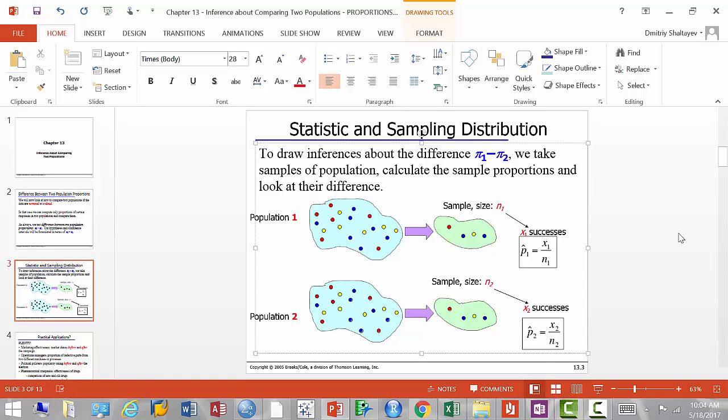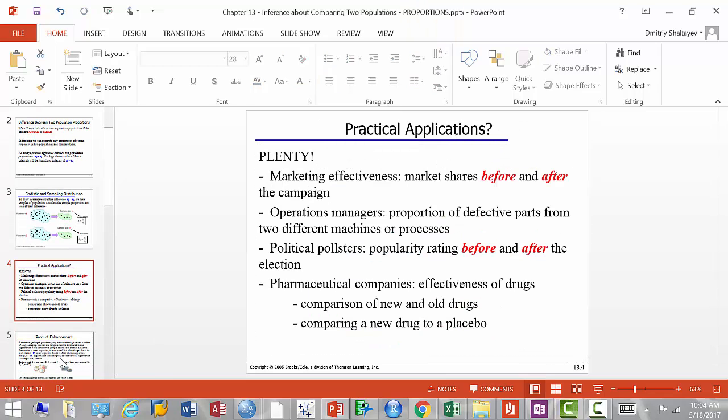And from that, we compute the sample proportion, p hat. It's different from pi, just to illustrate that what you compute from the sample is not exactly the same as what you get from the population. And after that, we basically formulate hypotheses in terms of pi 1 minus pi 2. So we're not testing separately pi 1 and pi 2, we're testing the differences. Same idea as we had for the continuous data, okay?